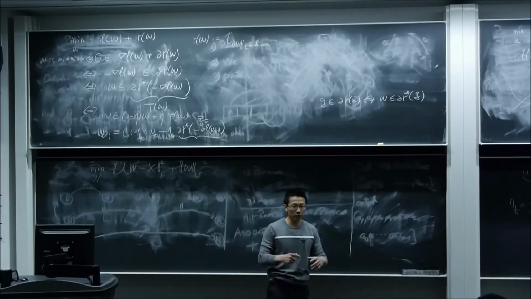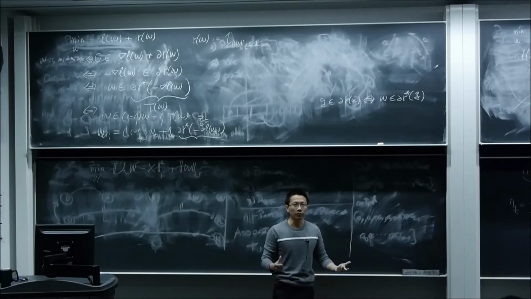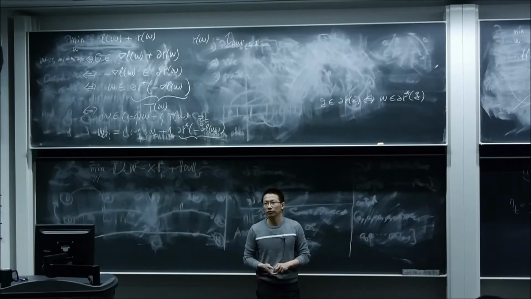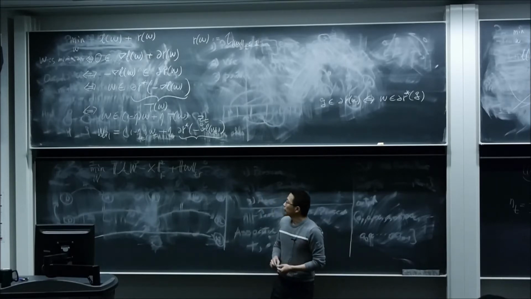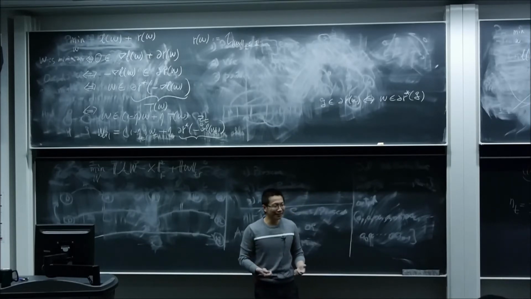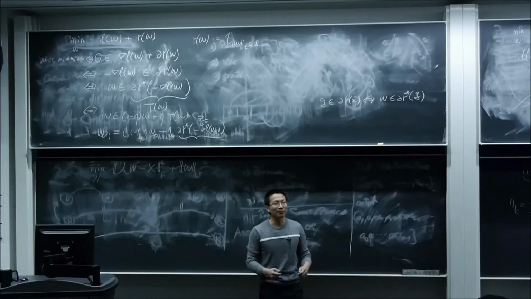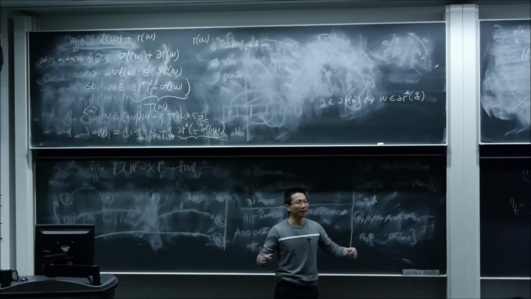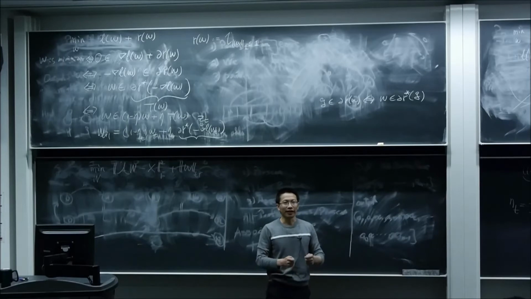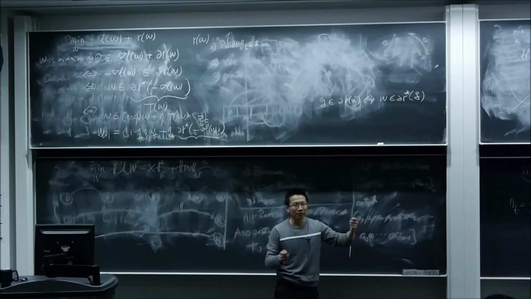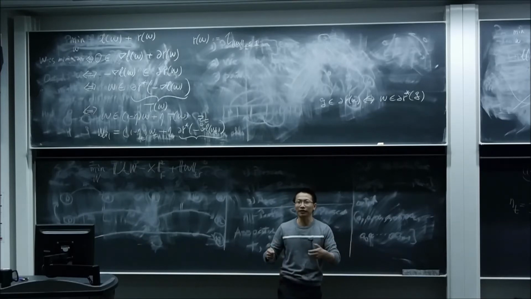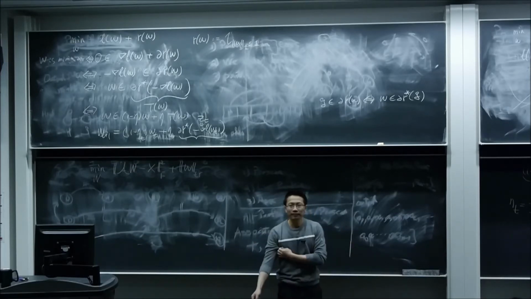All you need to do is to compute a singular value decomposition on the matrix, and then you truncate the singular values. And the downside is when the matrix is huge, you need to compute the full SVD of this huge matrix and get all the singular values and then look at which one is small, which one is big. If it's small, I just truncate to 0. If it's big, I just subtract some constant.